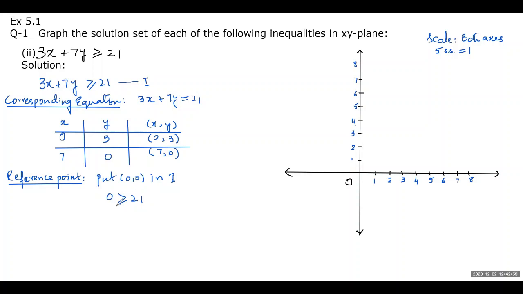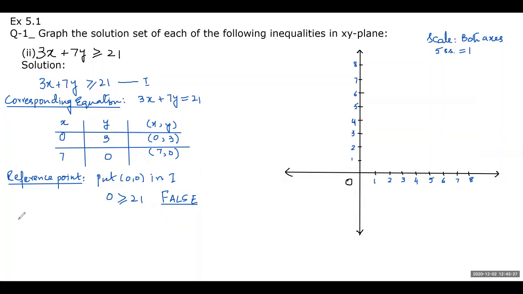Now decide about this. Is this inequality a true sentence or a false sentence? I think it is quite obvious. It is a false sentence because 0 is not greater than 21. 0 is in fact less than 21. So I'm going to write a big false here. And this is my conclusion. What will be the result drawn from this?